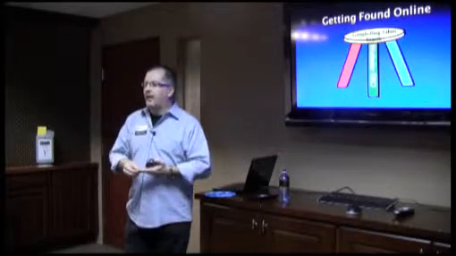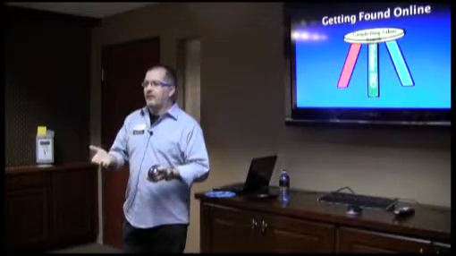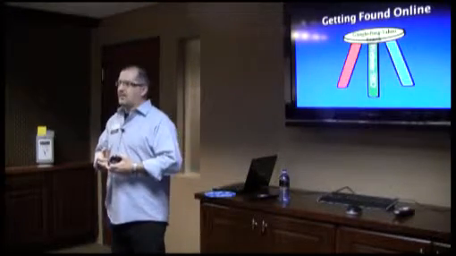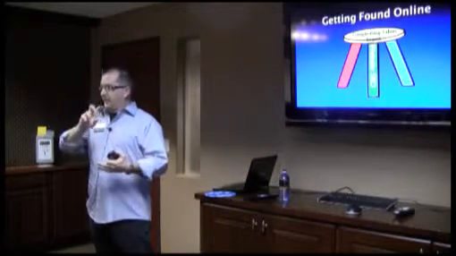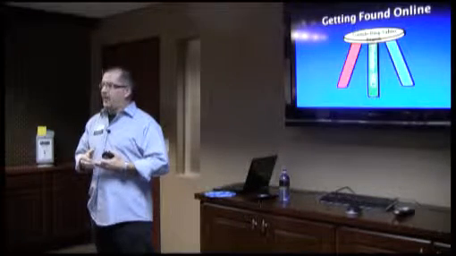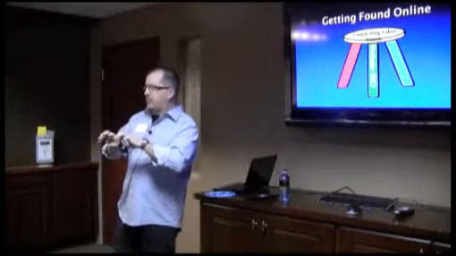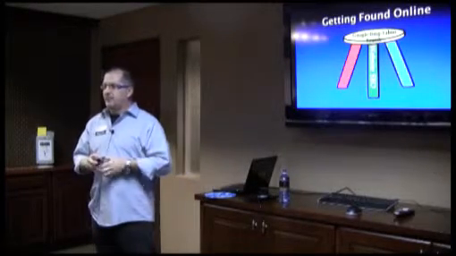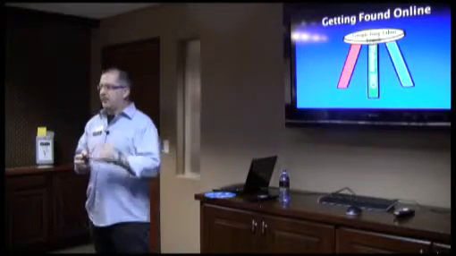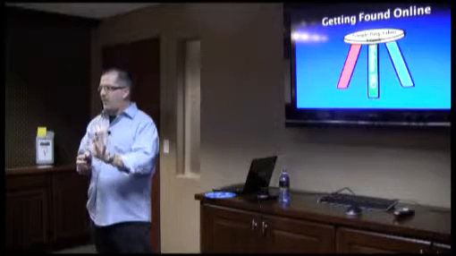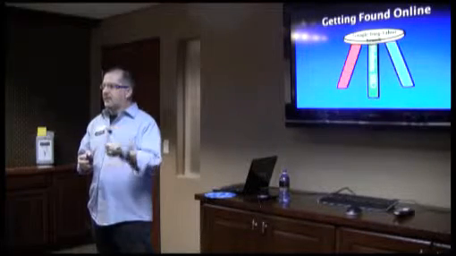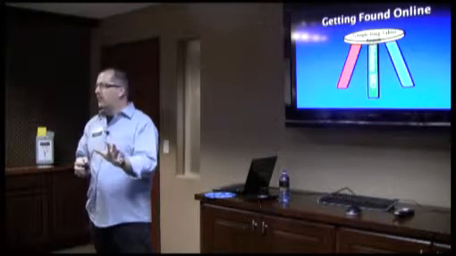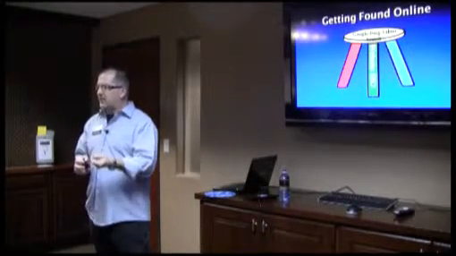So if I'm a veterinarian, I'm going to say things about dogs and cats and pets in my copy in such a way that it matches up for what people are putting into the search bar on Google. So once I find my optimized keywords, and it's 3 to 5 optimal keywords, I'm going to take those and I'm going to apply them across every platform that I use, especially starting at the website.